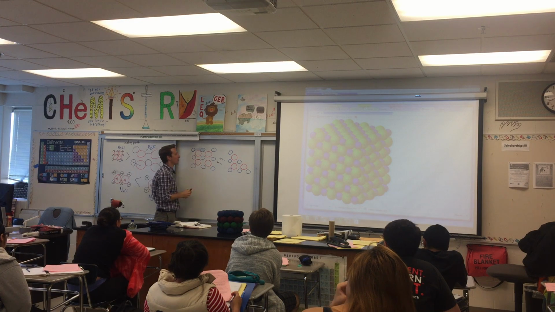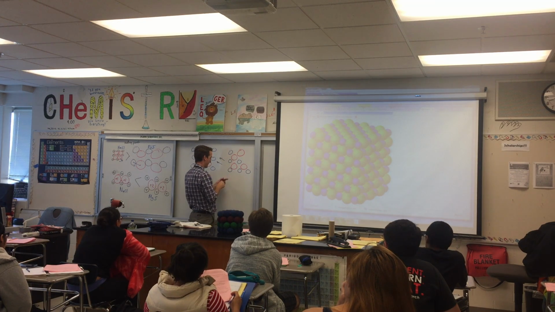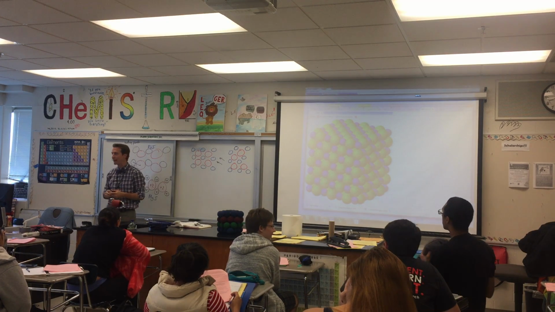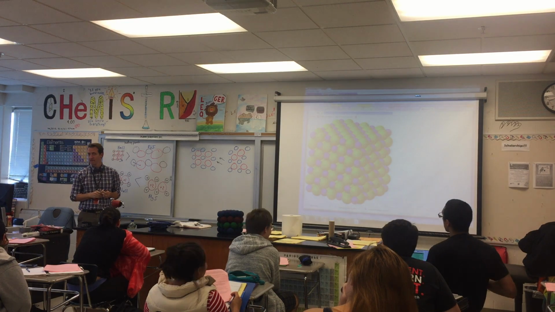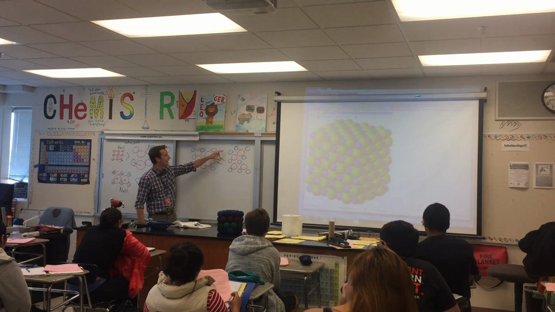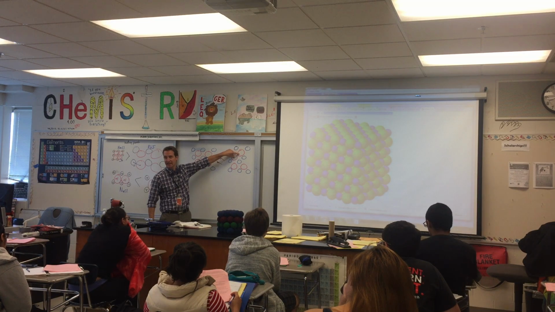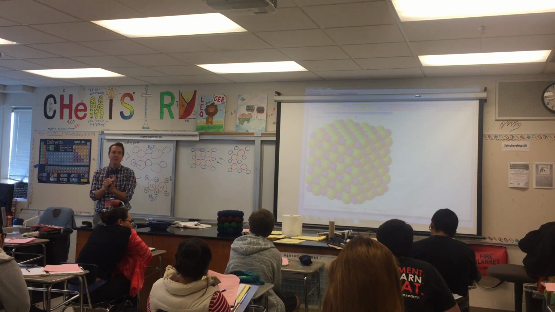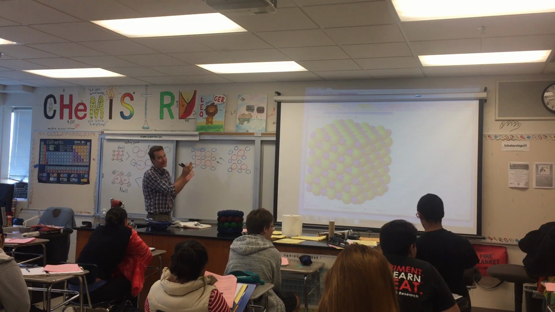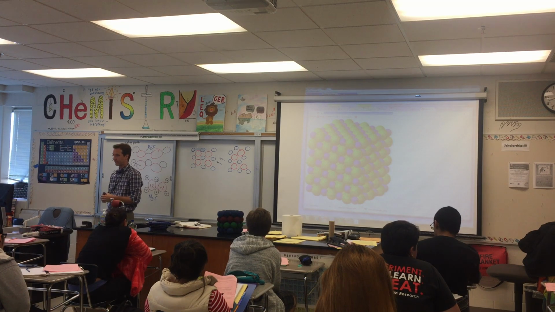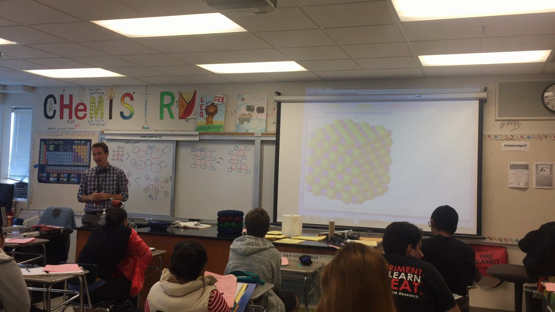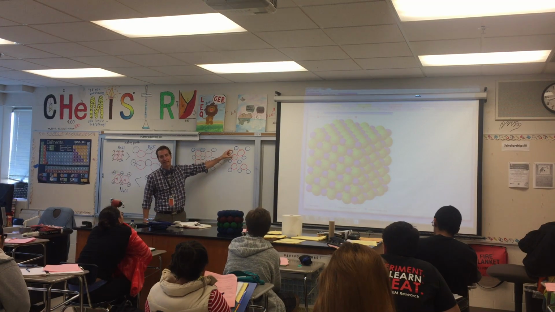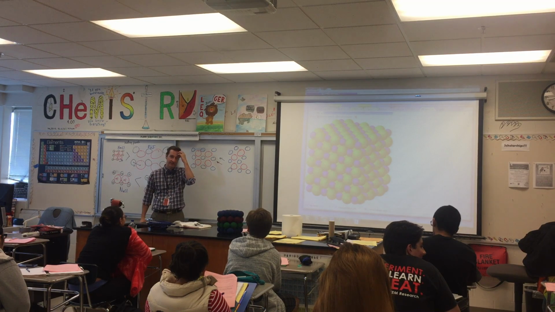If I move this little corner of four atoms up, I might move it to that position there. Now instead of having oppositely charged ions next to each other, we've moved it so that there are similarly charged ions next to each other. Instead of attracting, now we're going to repel. We haven't maximized the attraction and minimized the repulsion. We've maximized the repulsion and minimized the attraction. So now that thing's going to break.